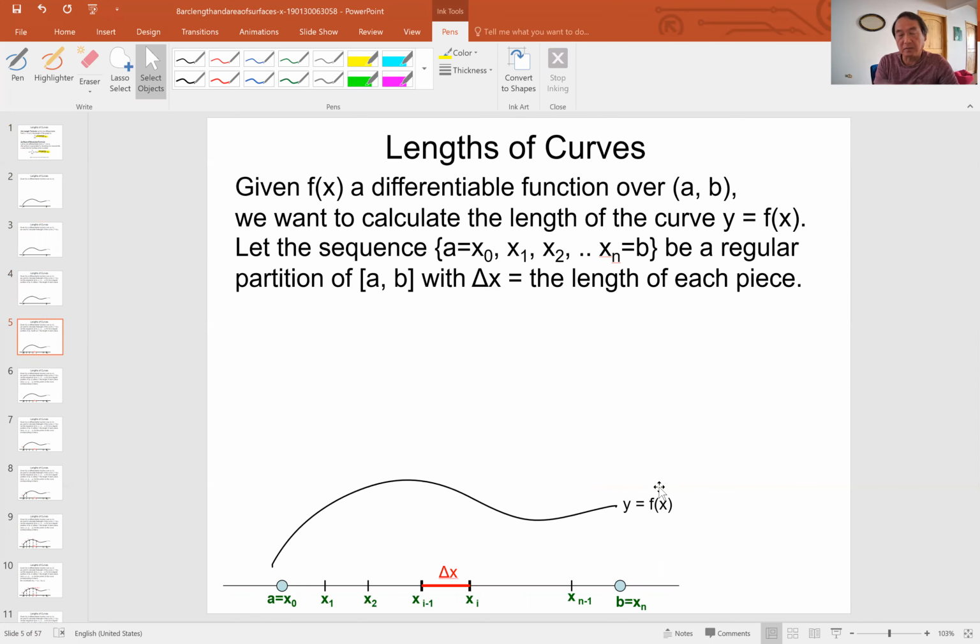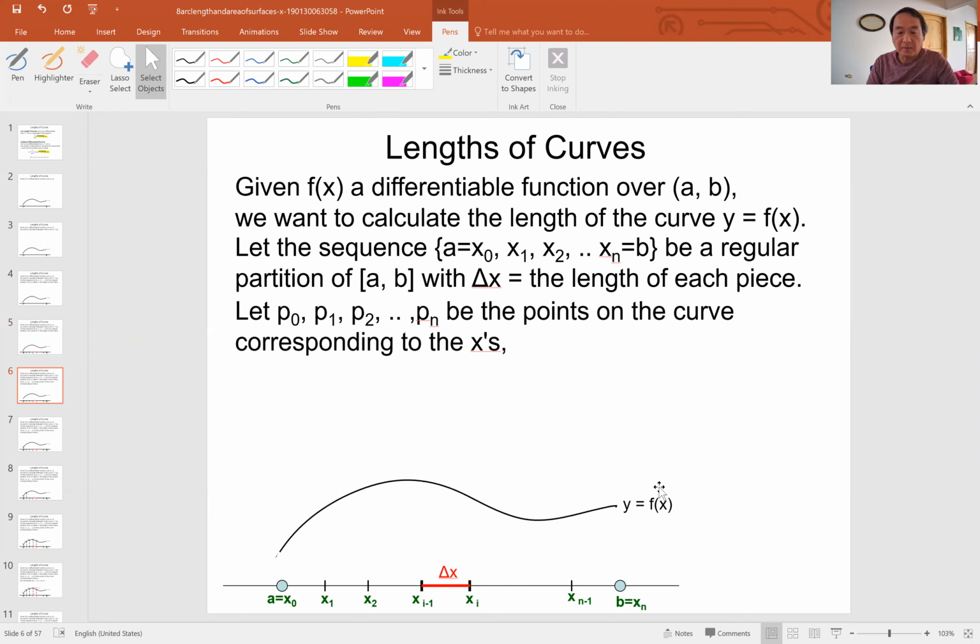What I do is cut into pieces, just like we did for area and for volumes. We're going to cut the curve into pieces by taking a partition from A to B, and then I have corresponding points P1, P2, P3, which correspond to the partition x1, x2, x3.